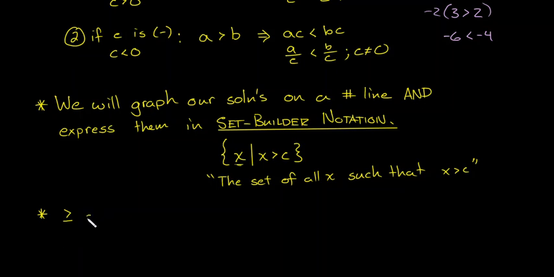So, greater than or equal to. Which means we will include that number. If it was greater than or equal to 4, I start at 4, and then I start working right on the number line forever. Do you need me to draw the less than or equal to parts as well?